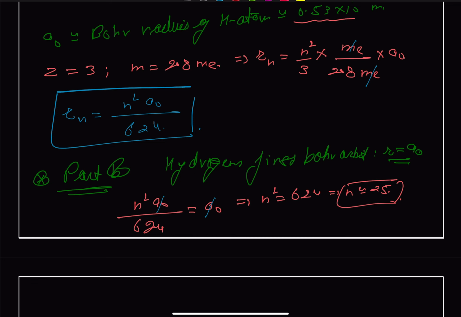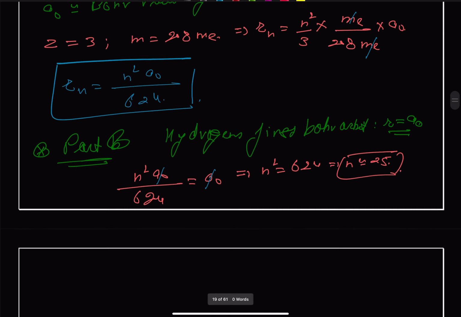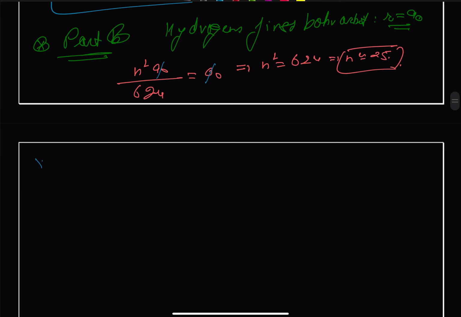And finally, radiation wavelength third orbit to first orbit. So we have our part C, and transition from n is equal to 3 to n is equal to 1.